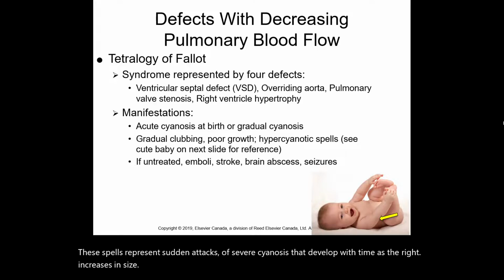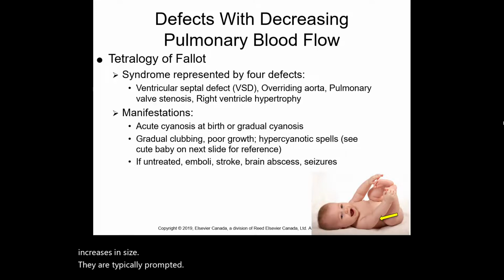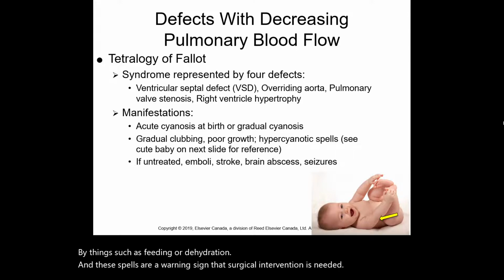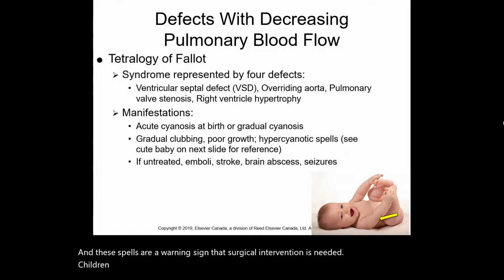They are typically prompted by things such as feeding or dehydration, and these spells are a warning sign that surgical intervention is needed. Children will develop ways of averting spells, typically by squatting or drawing the legs up, as shown in the diagram on the bottom right.